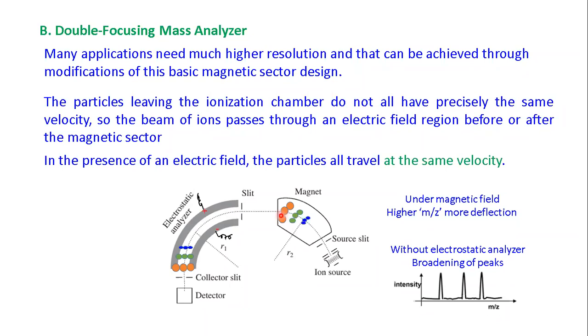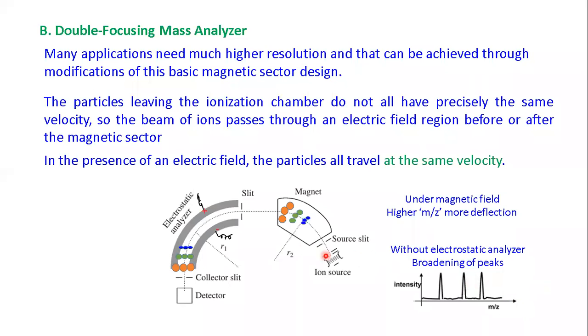So the similar m by z ions will reach the detector at exactly the same time, and the detector will now count the ions at that time and project the signal. In that case, we will see this broadened peak become sharper.